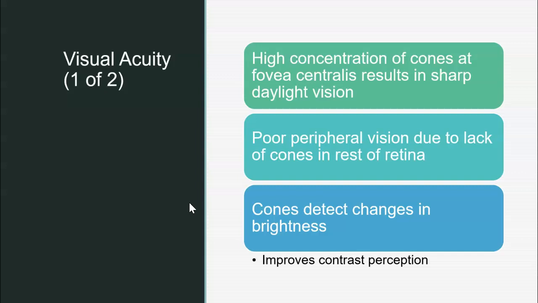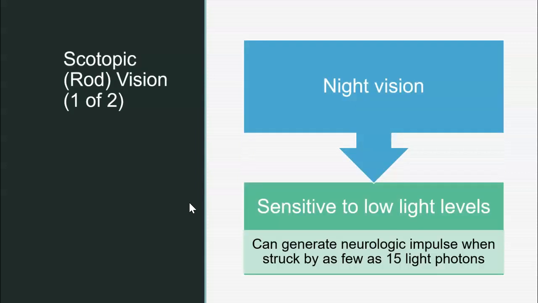There is poor peripheral vision due to lack of cones in the rest of the retina. So you can't see well on the sides, but you can straight ahead, okay? Cones detect changes in brightness, so improved contrast perception. The idea that there are changes in the contrast is what we're looking at here, okay?